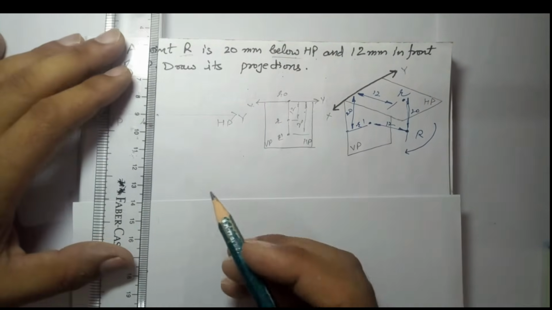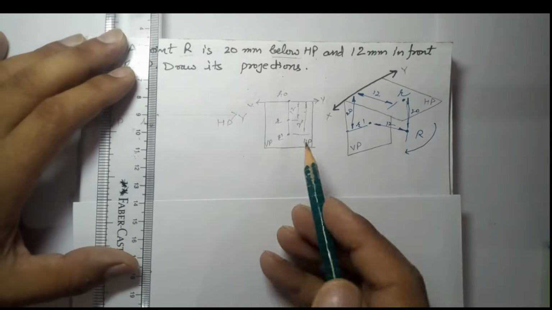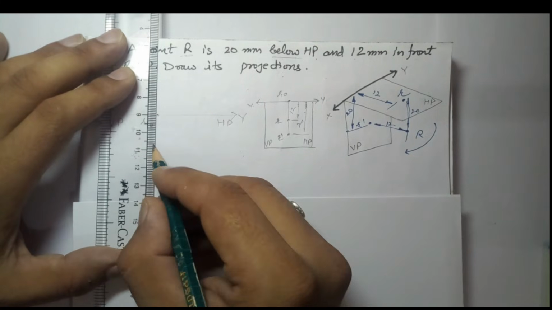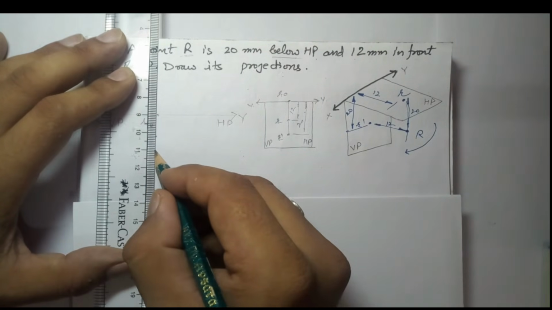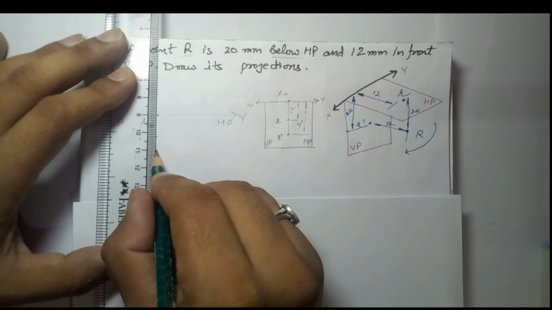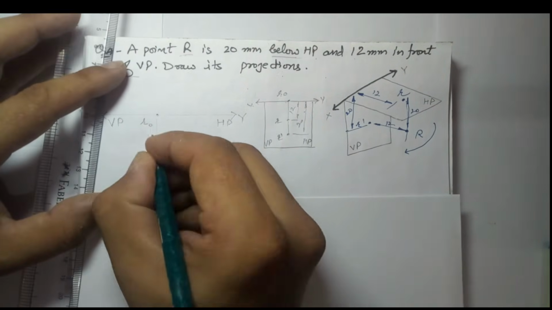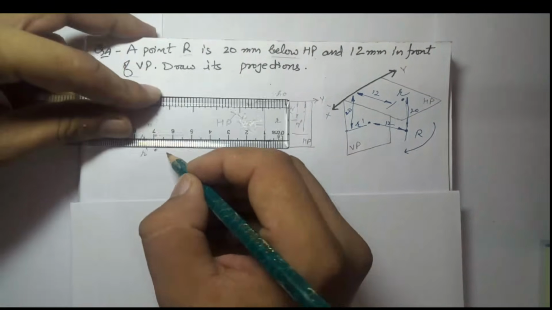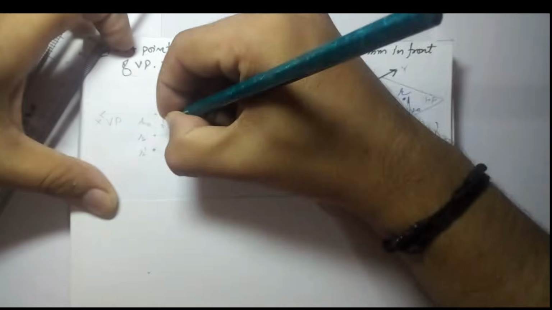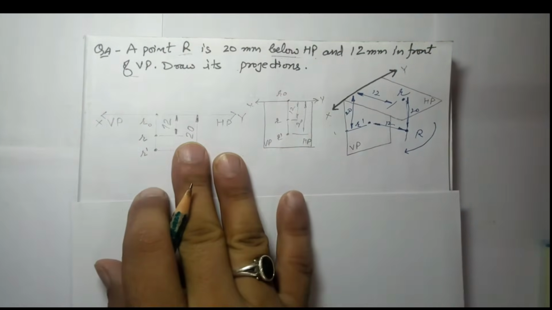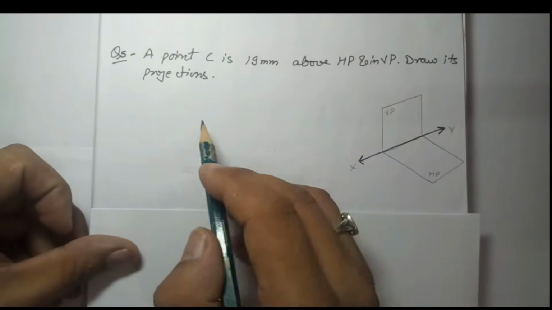Then exactly measure the distance. This is 12, 20. So this is the solution. We'll see one more question.